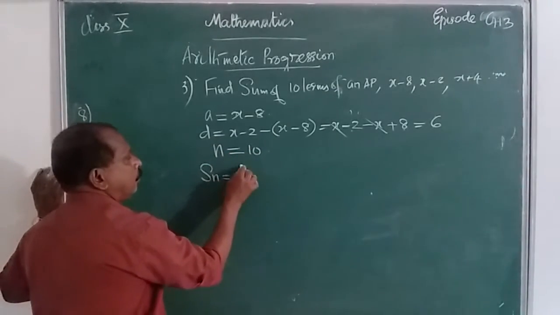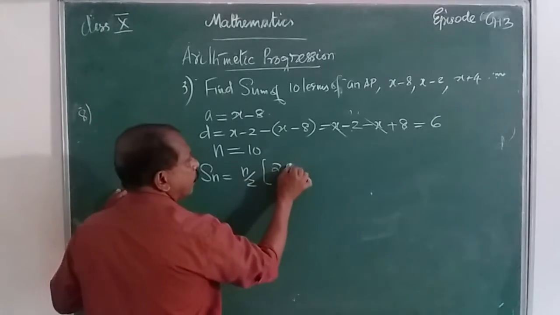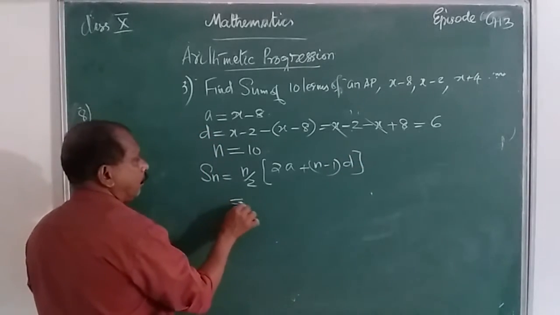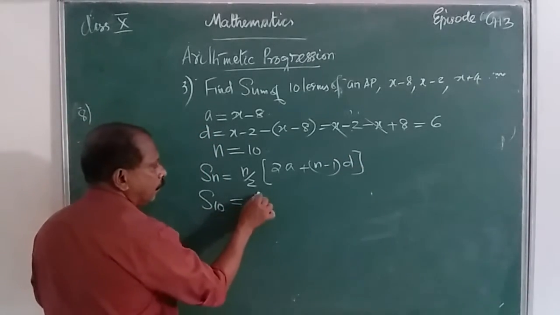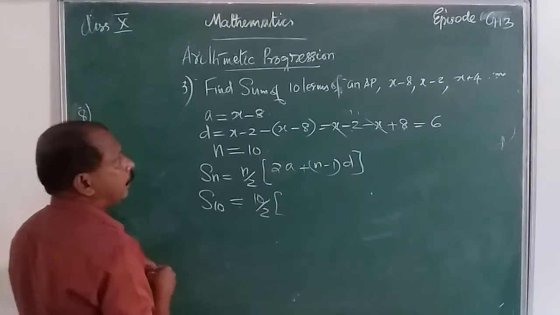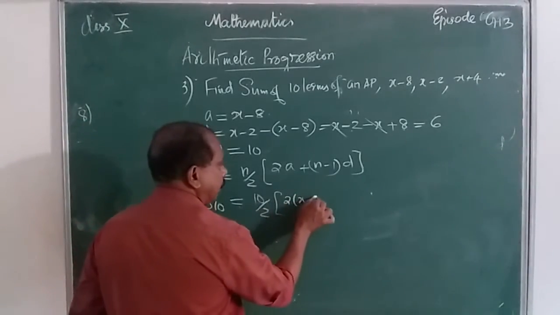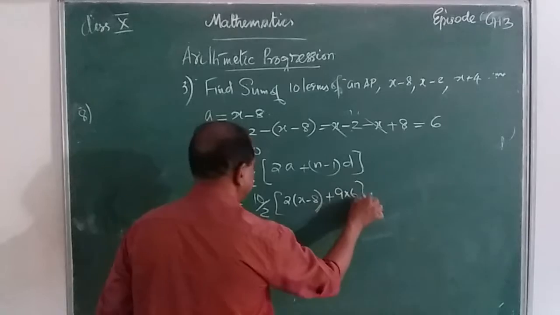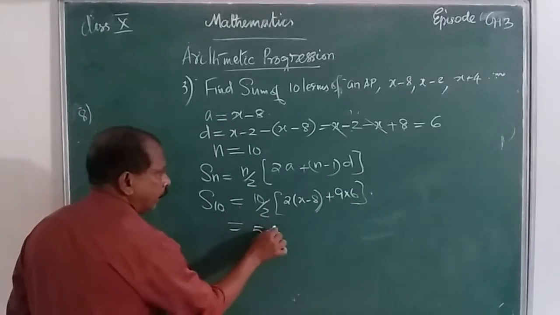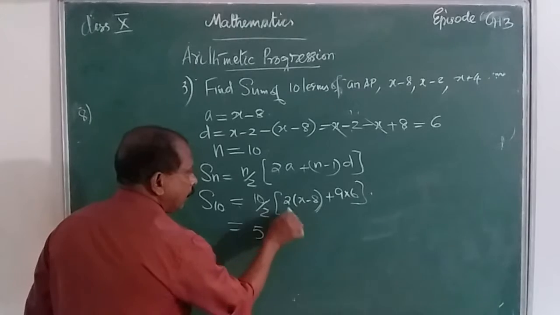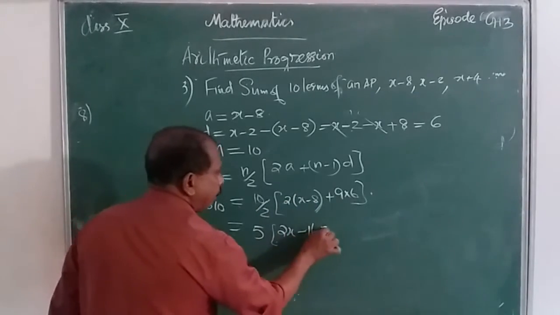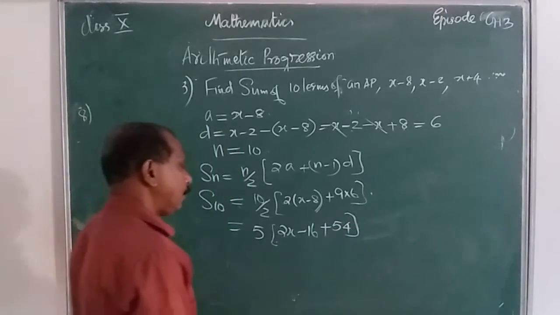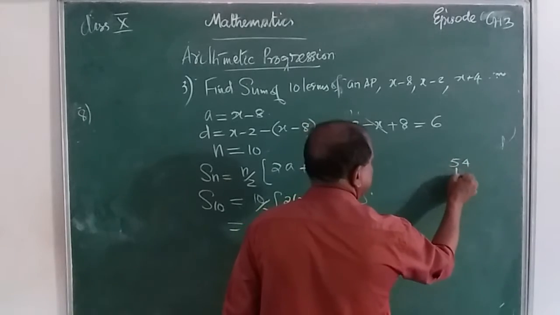Therefore, Sn is equal to n by 2 into 2a plus n minus 1 into d. That is S10 is equal to 10 by 2 into, what is a? X minus 8, that is 2 into x minus 8 plus 10 minus 1, 9 into d, 6. That is equal to 10 by 2, that is 5 into 2x minus 16 plus 54, that is 54 minus 16.